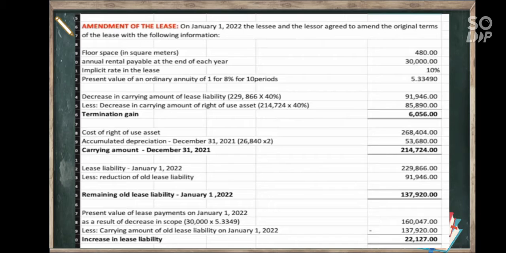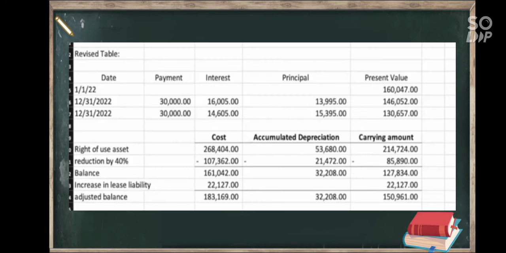So mao na siya ang result ang 160,047. Less sa carrying amount of old lease liability on January 1, 2022, which is 137,920. So, the result is increase in lease liability. The increase in lease liability is 22,127.